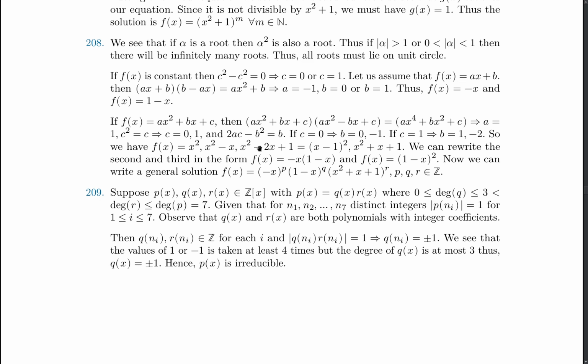And the third one is (1 minus x) whole square, so this is x square minus 2x plus 1, that is (1 minus x) whole square. So we can write the general solution in the form (minus x) to the power p times (1 minus x) to the power q times (x square plus x plus 1) to the power r, where p, q, r are in the set of integers.